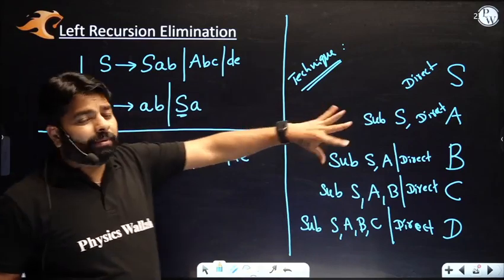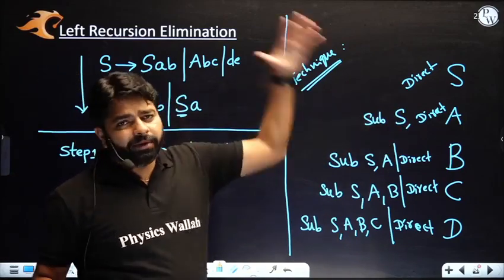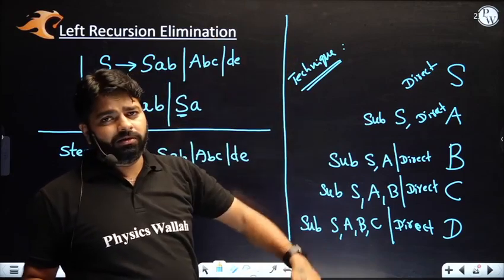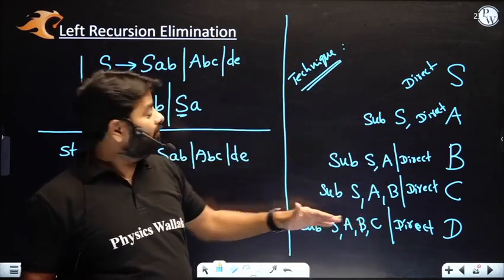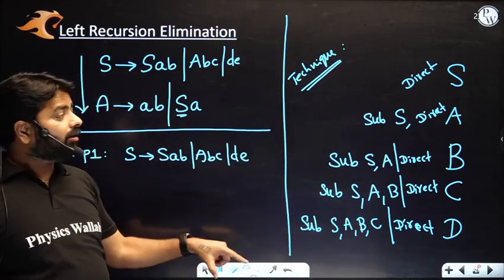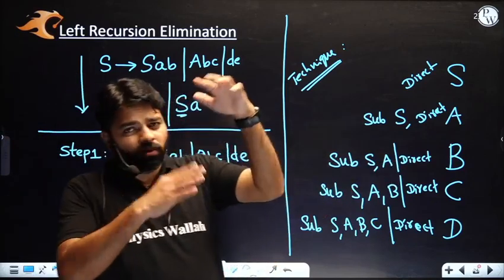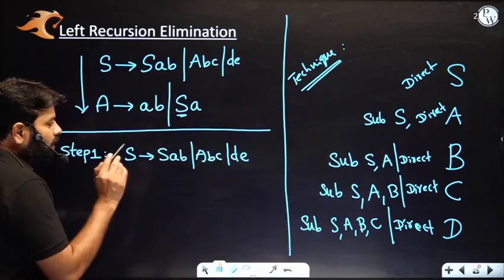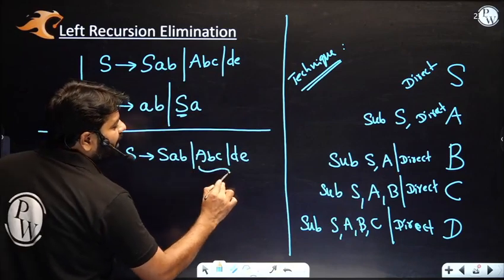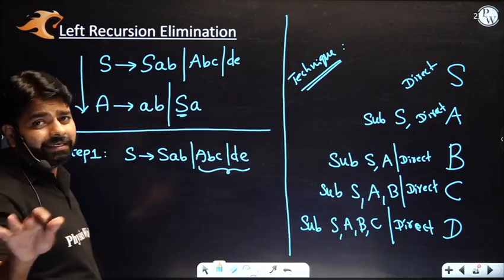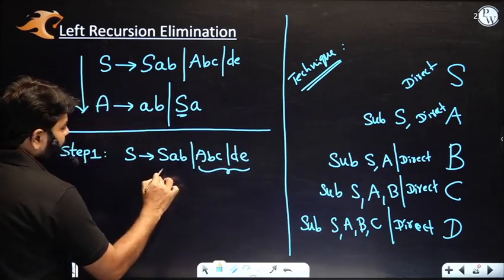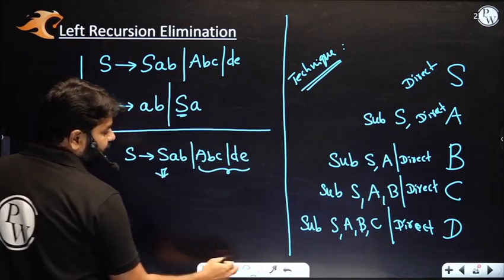S and A might be participating in recursion, we will terminate from A. We don't terminate from S. We'll keep S, we'll keep A within S, but will not keep S within A, so that somehow left recursion will be eliminated. What we assume is these two are non-left recursive terms. Even though indirect is there, we don't care. So here we directly apply the rule.